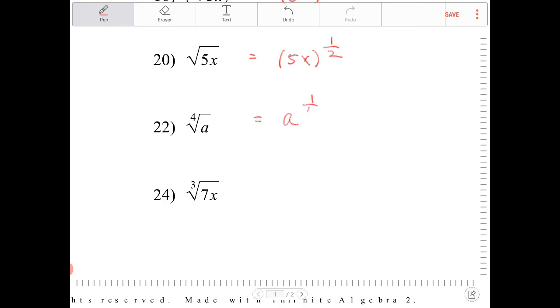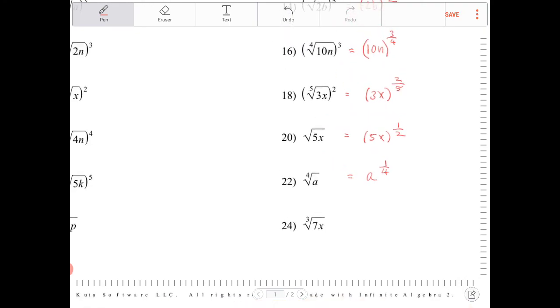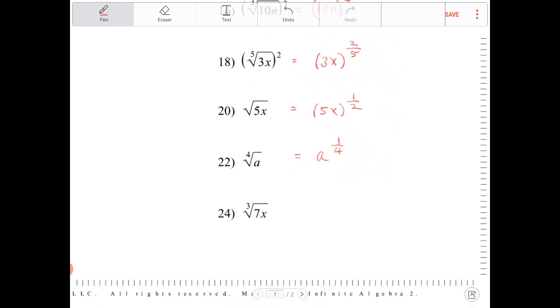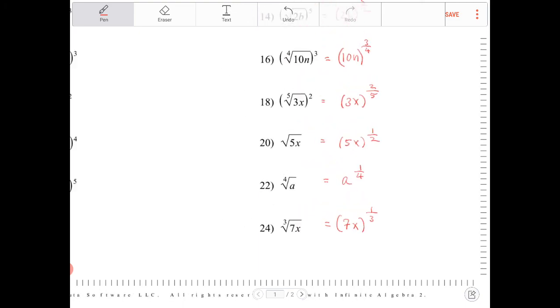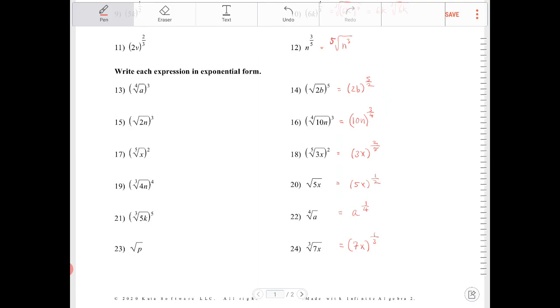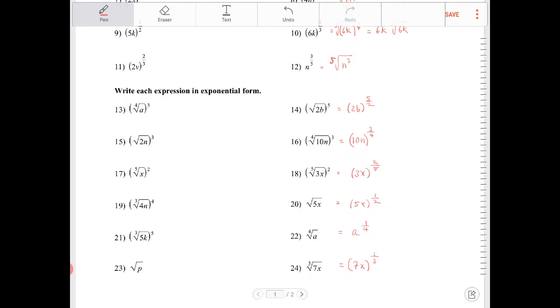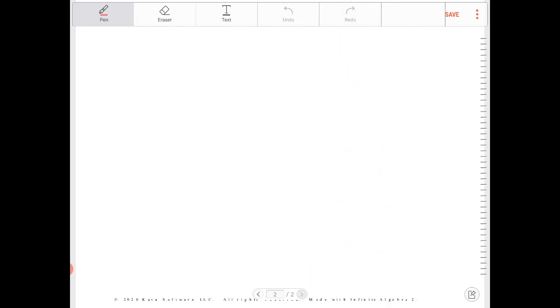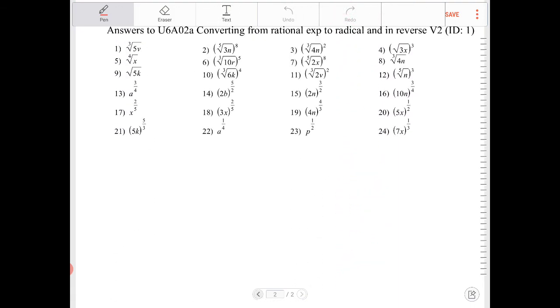A to the power of 1/4. And lastly, 7x to the power of 1/3. I believe that's it.